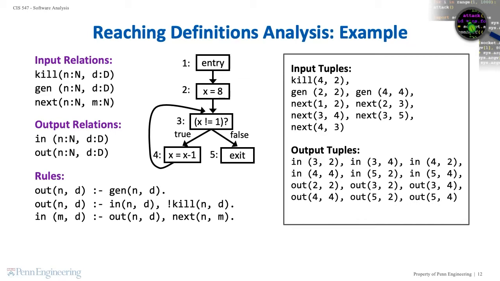The out relation contains the following tuples: (2, 2), (3, 2), (3, 4), (4, 4), (5, 2), and (5, 4). You can verify the contents of these relations for yourself by using, for example, the chaotic iteration algorithm.